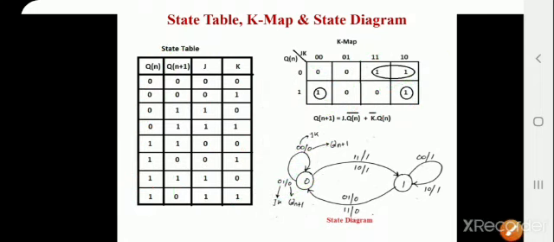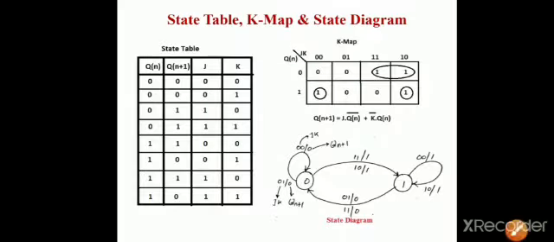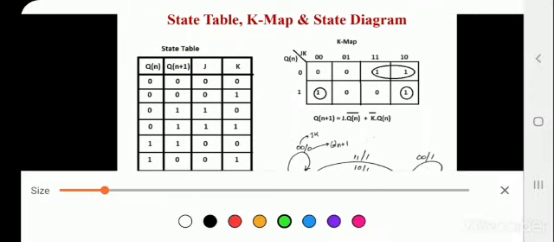Now, after that, we need to make the pairs or singles with the help of the K-map. As you can see in the K-map, this is the pair. For this pair, if you move in the left-hand direction, you will find Qn bar, and if you move in the top direction, you will find the common value, that is J. That's why we are writing J Qn bar.